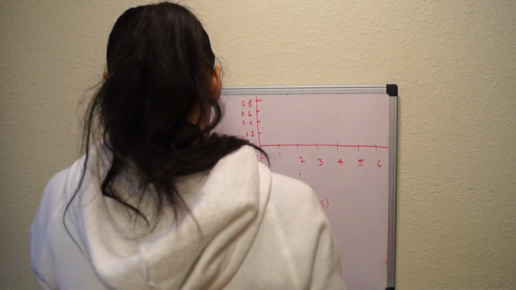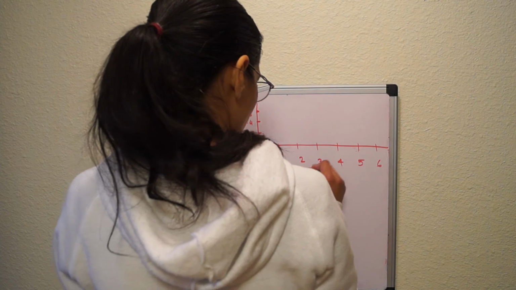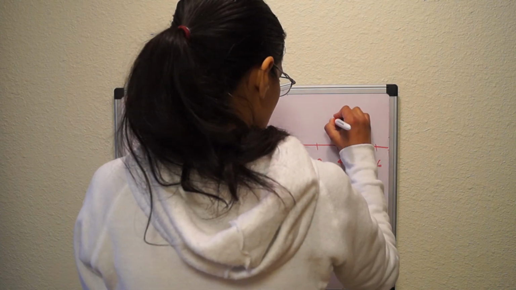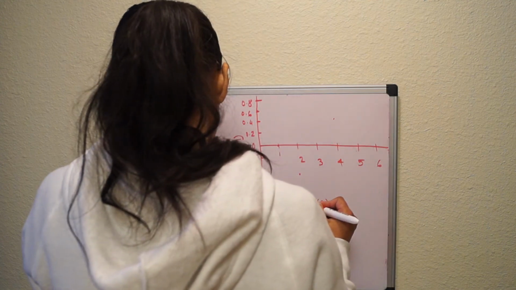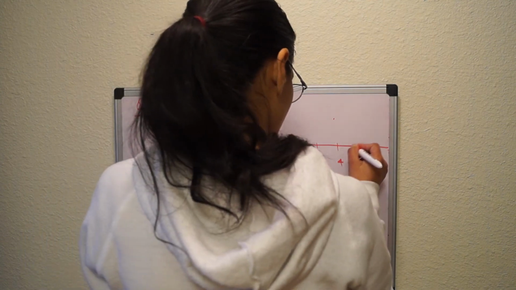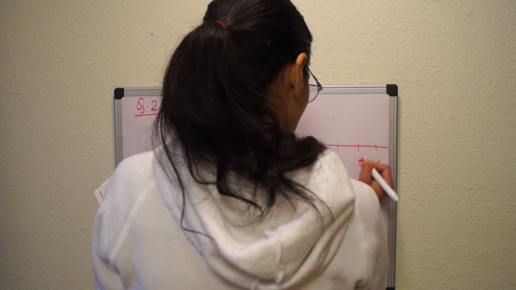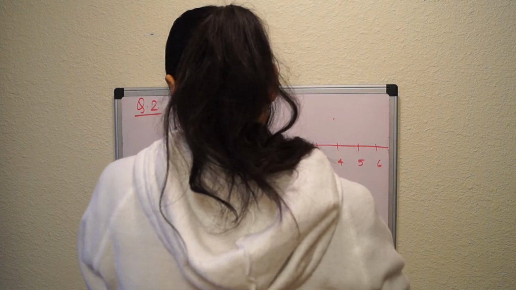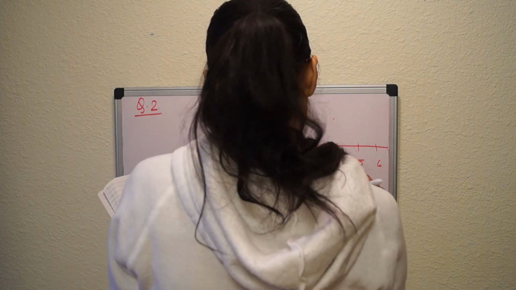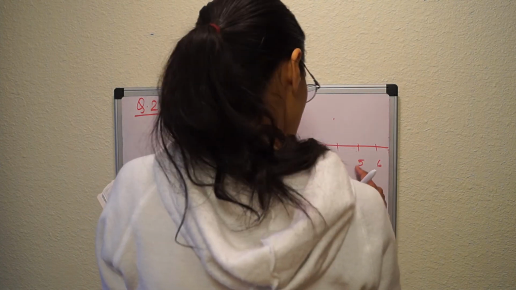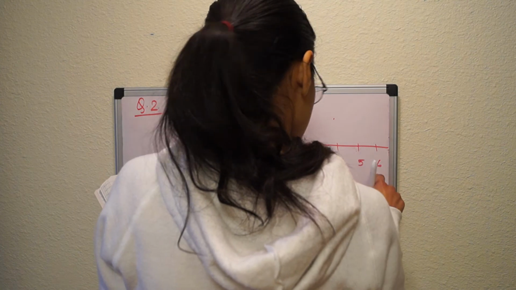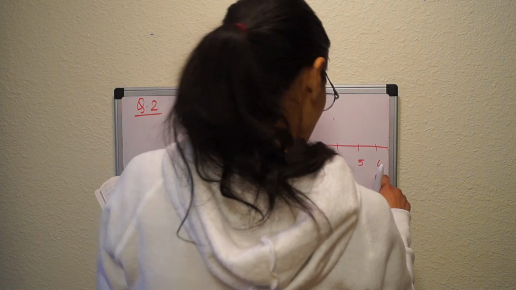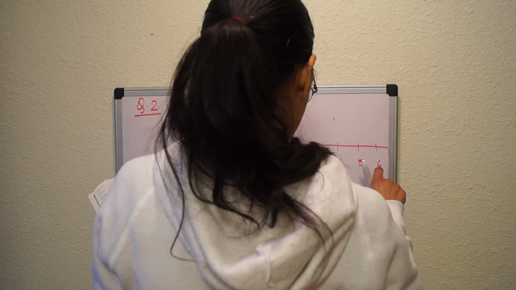And then it peaks at 0.4 at 4 seconds, so 4 seconds at close to 0.4, and then it comes back through 5, and then goes all the way down, and at 6 seconds it is at about 0.3.